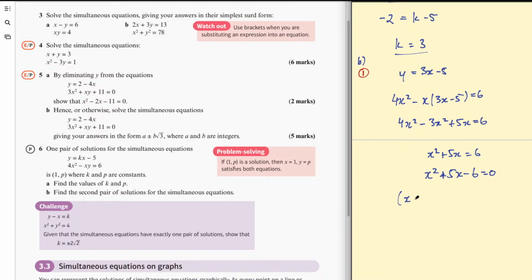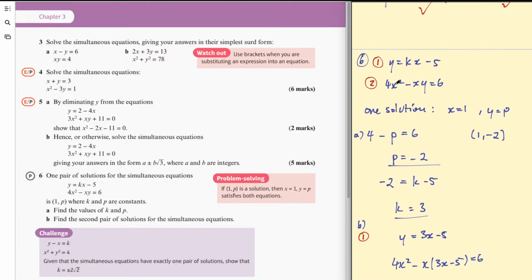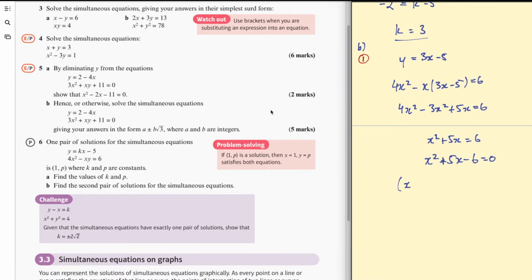Factorizing this is x. Actually, can we factorize it because it's a positive and a negative? Oh, 6 and 1. So if we do positive 6 and negative 1, that should give me positive 5 and negative 6.